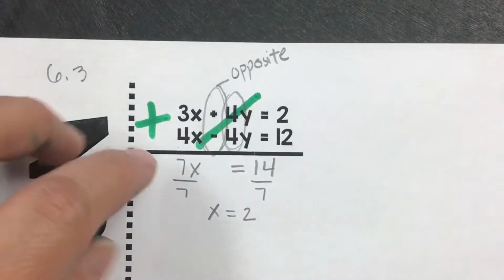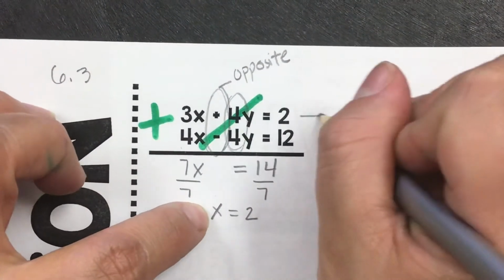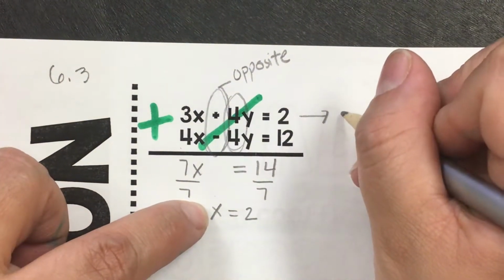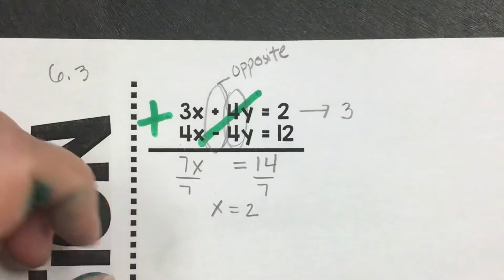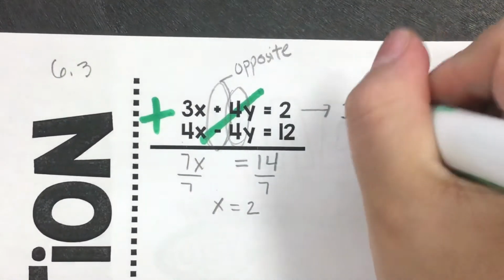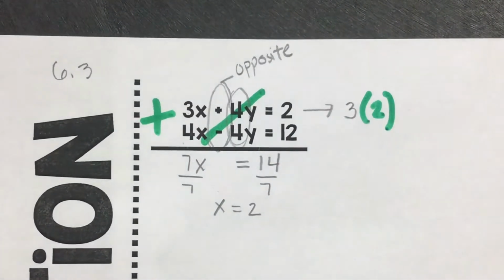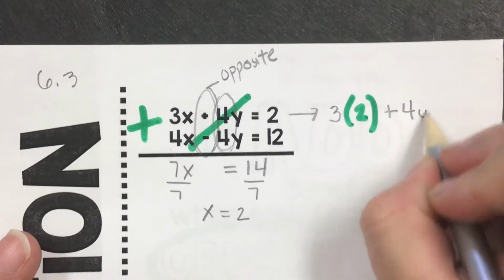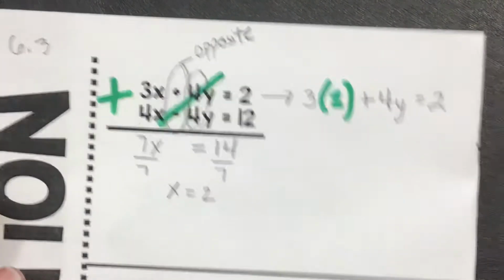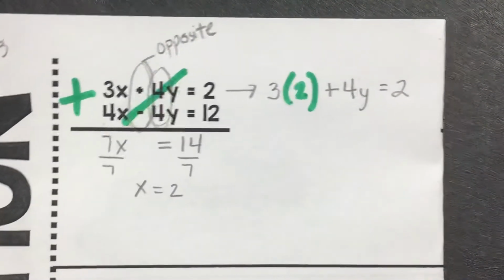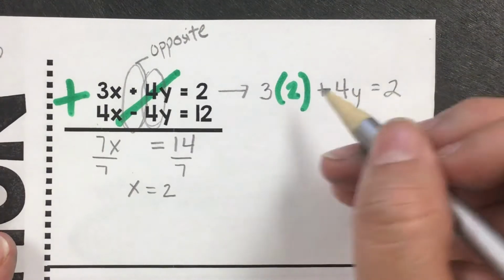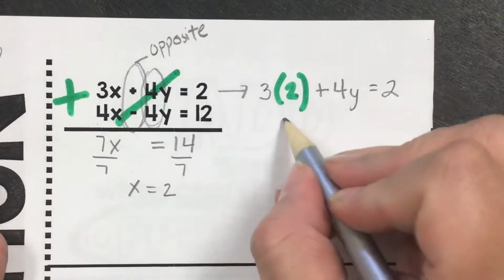From here, we still have to find the y value. I'm going to choose that first equation and substitute in that value of x. So I have 3 times 2 plus 4y is equal to 2. 3 times 2 is 6.